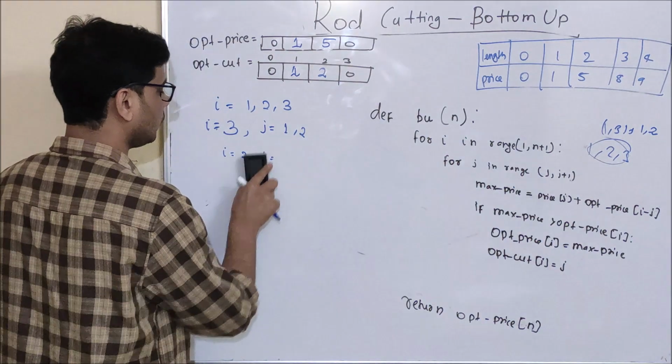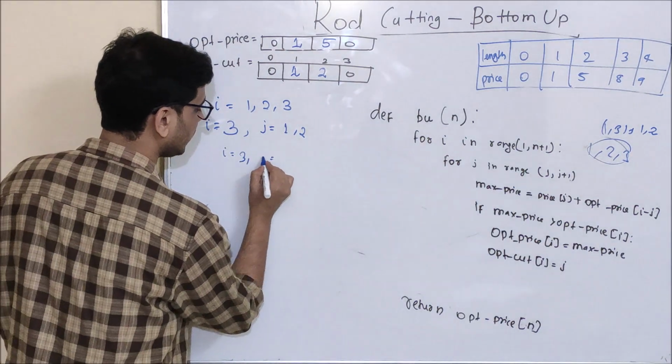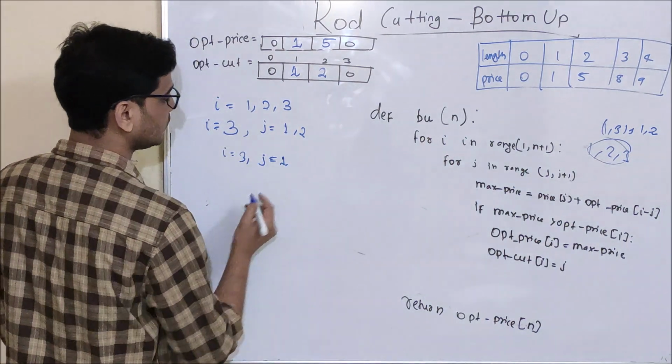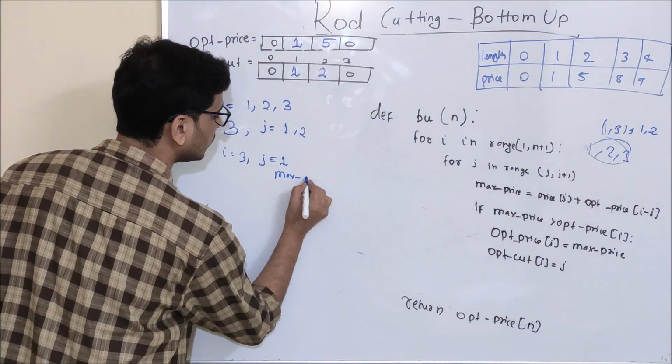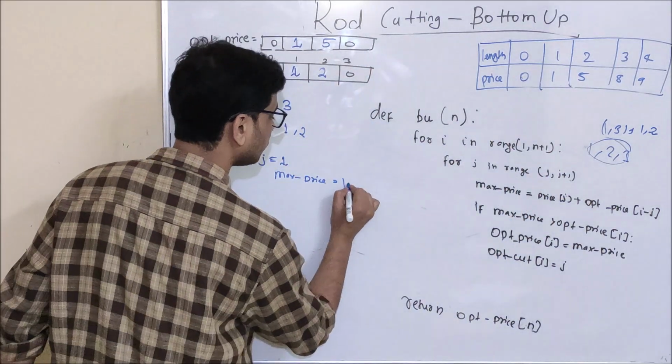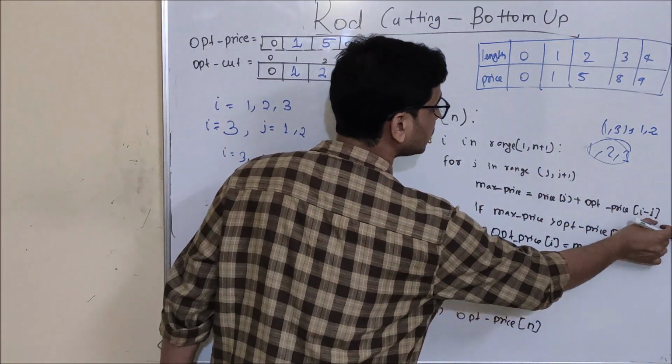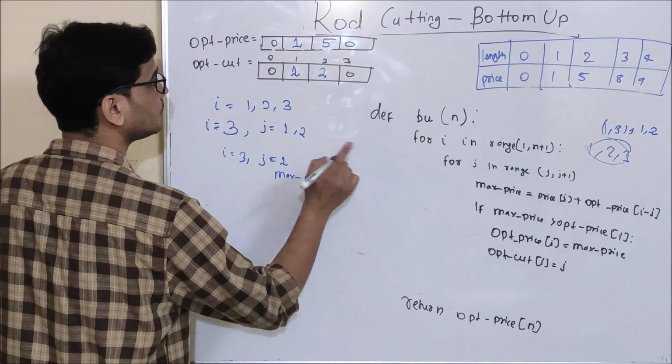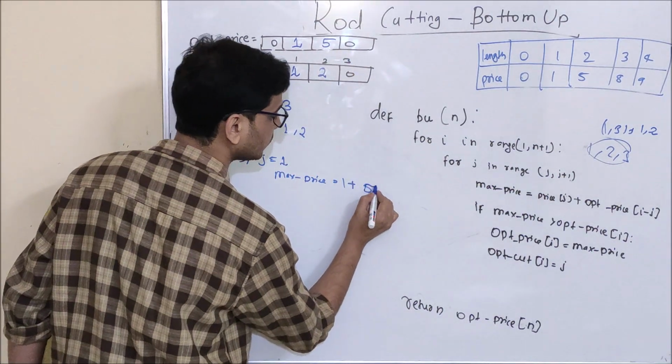So when I is equal to 3 and j is equal to 1, max price will be equal to price of 1, that is 1, plus opt price of 3 minus 1, that is opt price of 2, and opt price of 2 is 5.